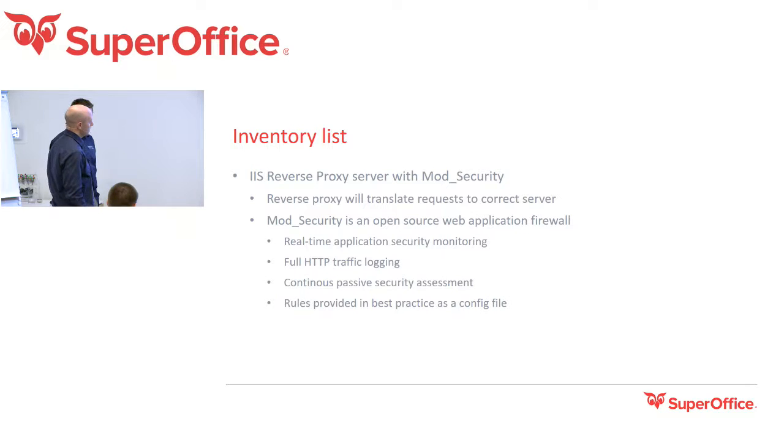So it will protect against a lot of common web application attacks. So even if your application is vulnerable to, let's say, SQL injection, this has a good chance of preventing it if the attacker doesn't know how to bypass it.